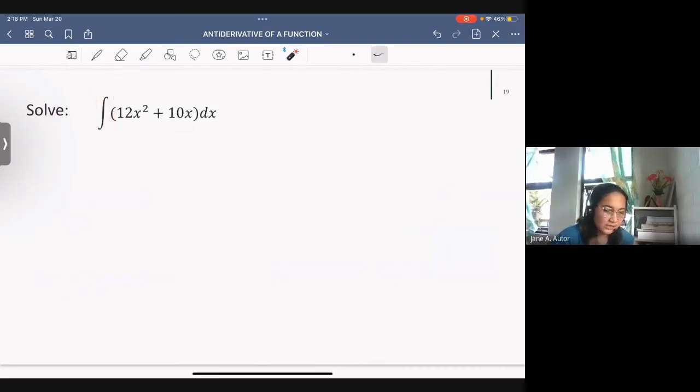So if in case you are dealing with binomial or any polynomial functions, make sure to enclose them in a parenthesis. For our solution in this example, let me just write it here.